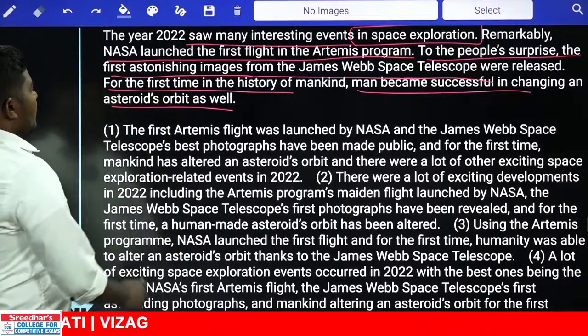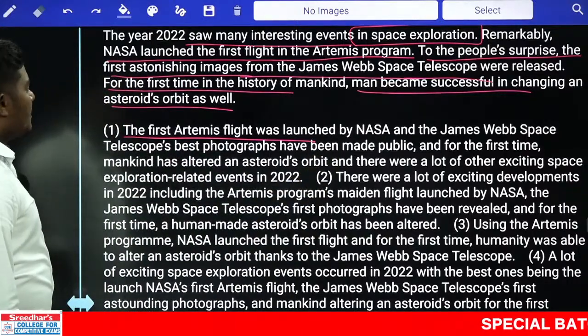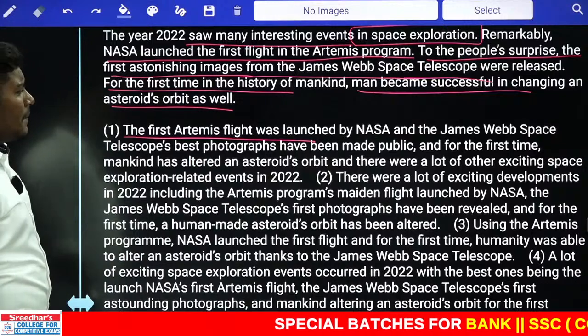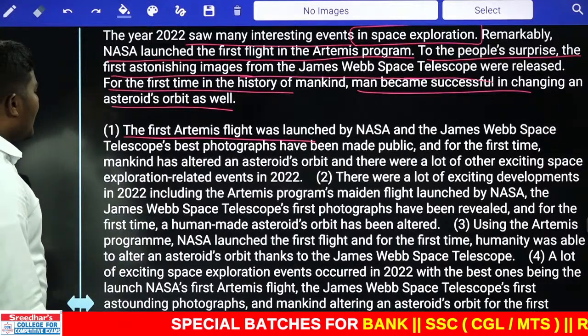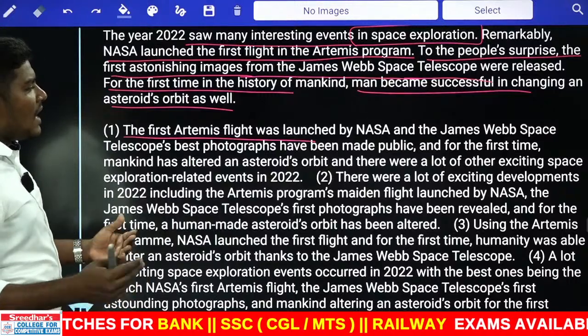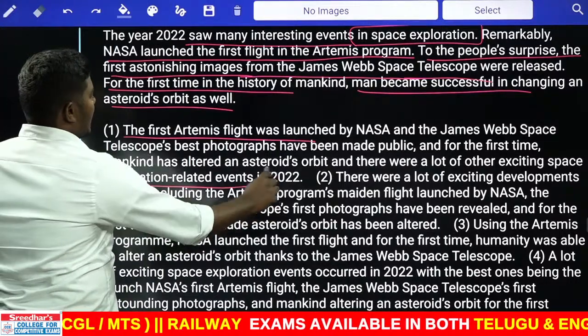First one: the first Artemis flight was launched by NASA, the James Webb Space Telescope's best photographs have been made public, and for the first time mankind has altered an asteroid's orbit, and there were a lot of other exciting space exploration related events.